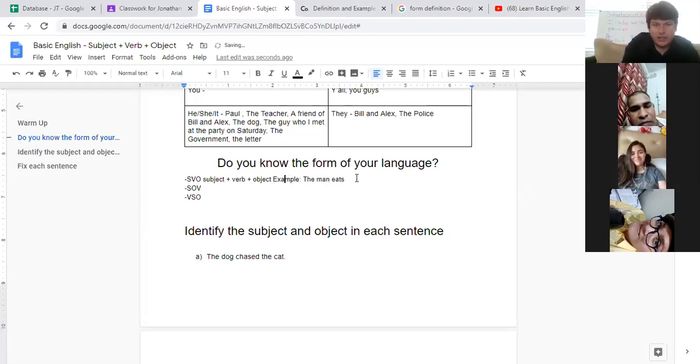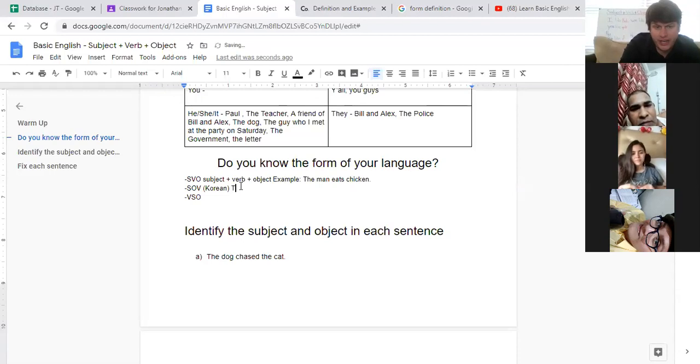Okay, good. So yeah, most languages are subject, verb, object. For example, the man eats chicken. One language that I know that is subject, object, verb is Korean. I lived in South Korea for over a year, and they do subject, object, verb.